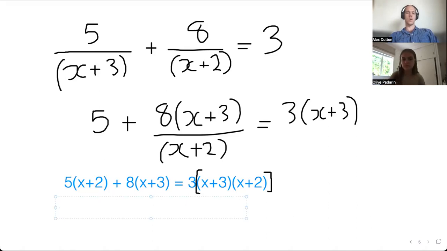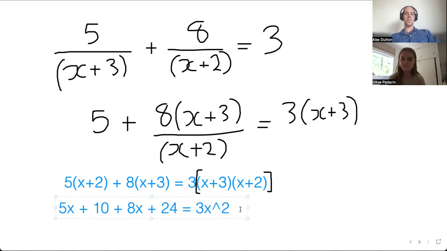No, sorry, you're right. Sorry. So let's just expand this out. Plus 10, plus 8x, plus 24. Yeah, that's all correct. And then this should have been 3x squared. Yep. 3x squared plus 15x, right? Plus 18. Yeah, plus 18.